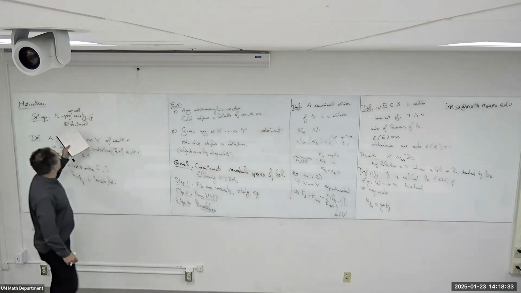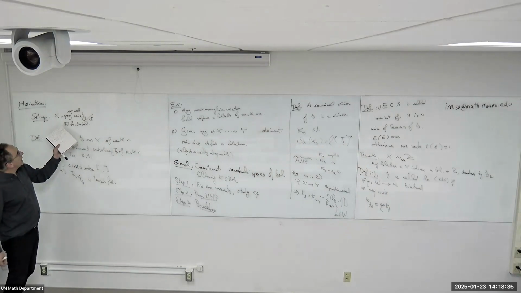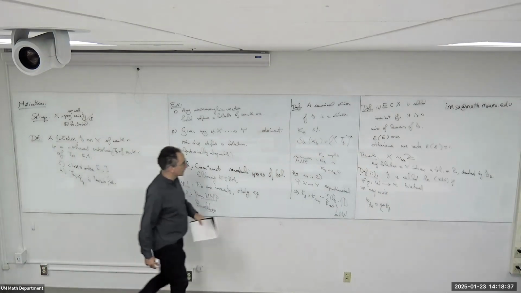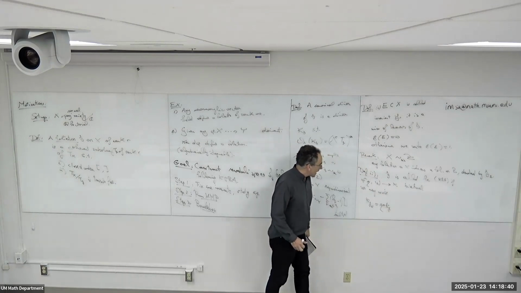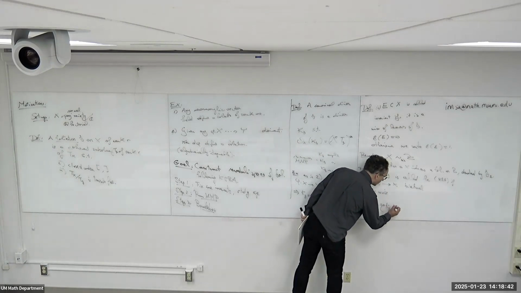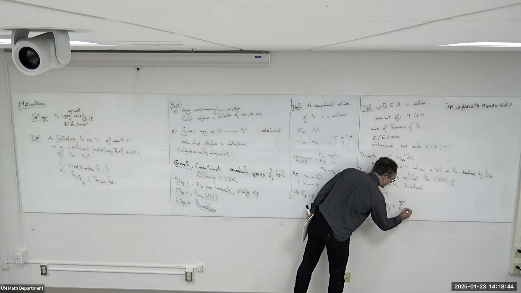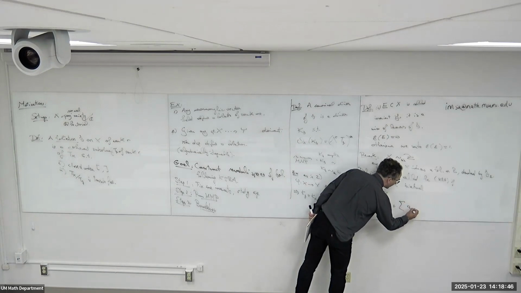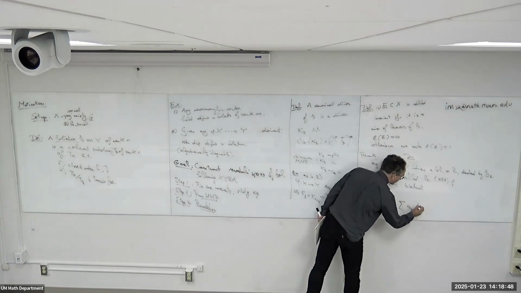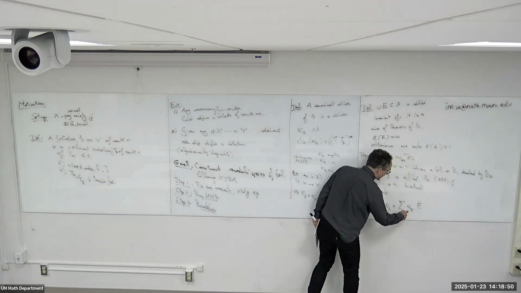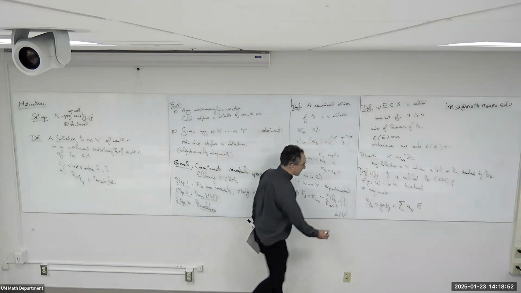Everything is Q-factorial, again for my laziness, so I don't need to worry about being Q-Cartier. And the error is measured by exceptional divisors, so it consists of a linear combination of exceptional divisors.